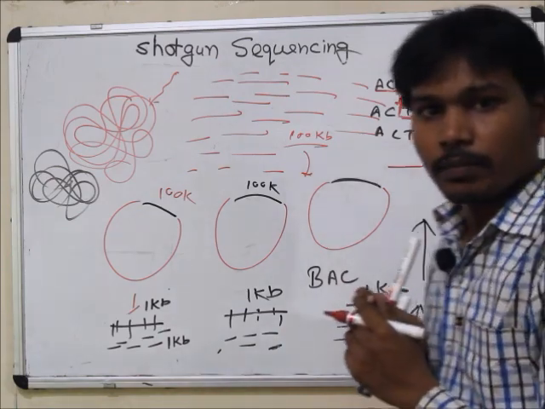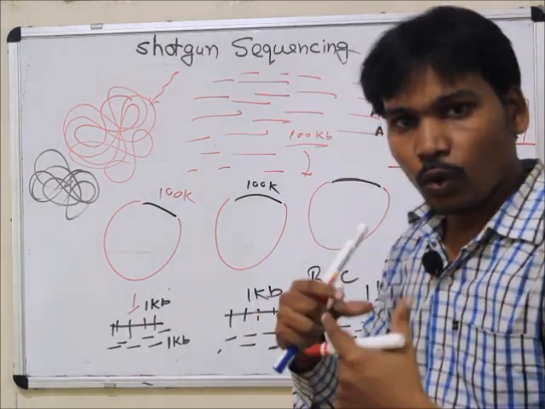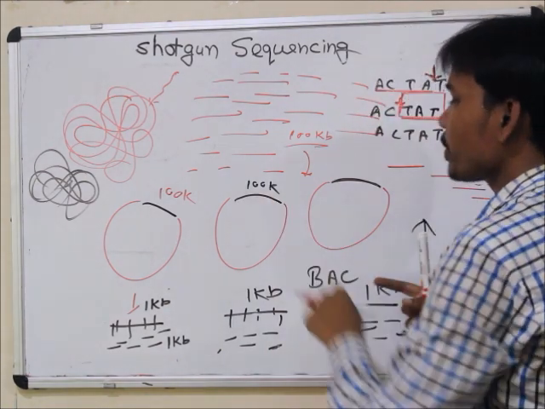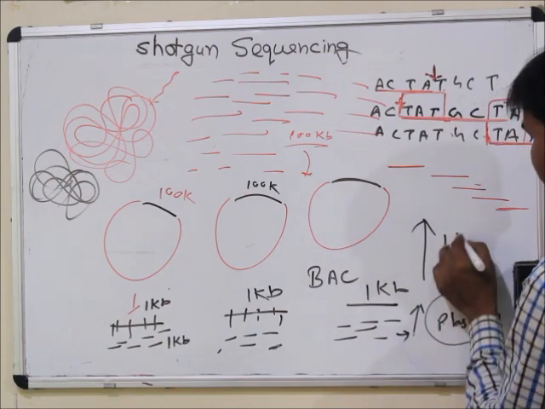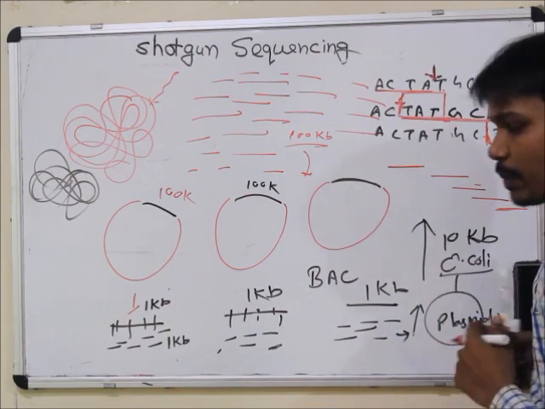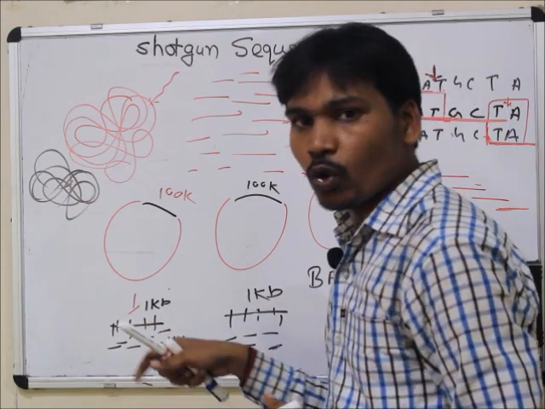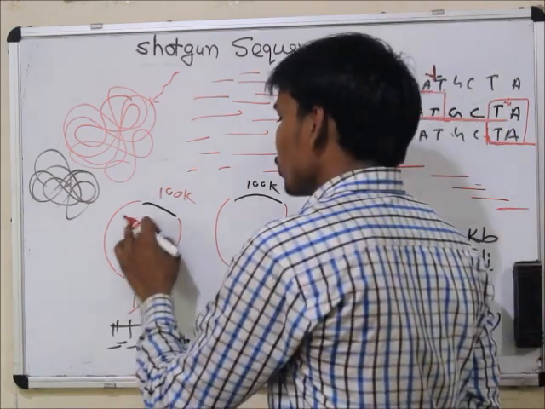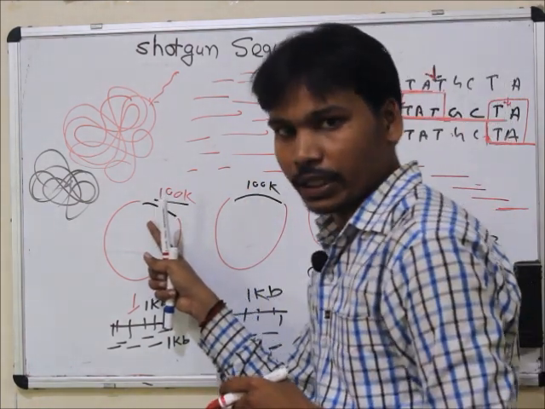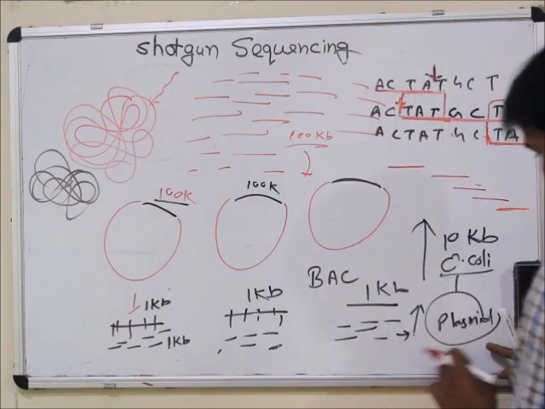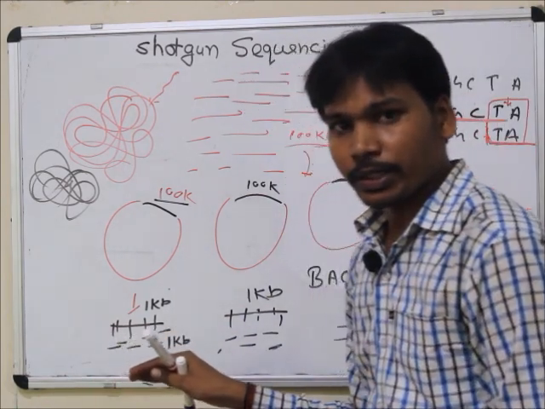E. coli plasmids carry near about 1 kb fragments to clone, or below 10 kb, but bacterial artificial chromosomes carry 100 to 200 kb fragment size. So this will be cloned, and after cloning we require sequencing by the Sanger method.